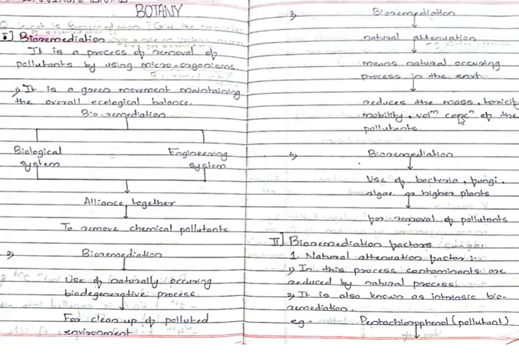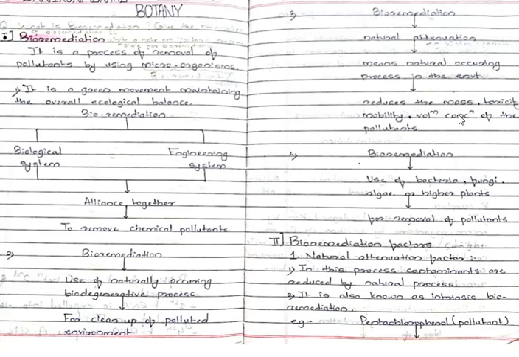So this is natural attenuation for controlling or reducing the mass of the pollutants, some toxic pollutants, as well as the concentration of toxic or heavy metals.